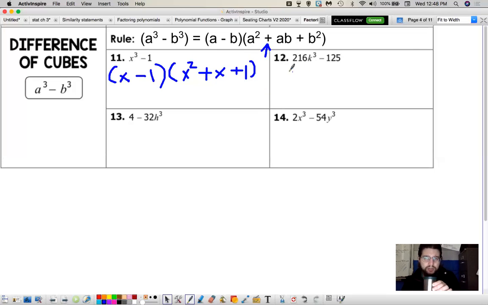Check, no GCF here. 216, that's 6. So 6K is my A, minus 5. Square that, plus the product, 5 and 6 makes 30, plus 25.